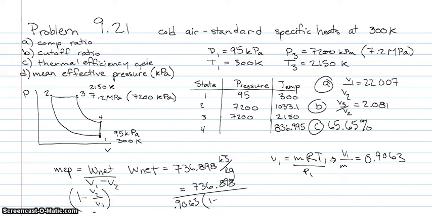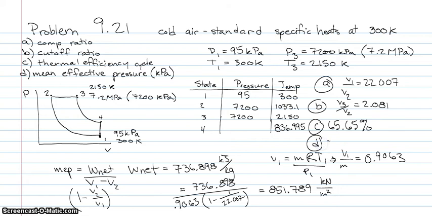So state 1 is giving this to be on the denominator, 300 K. Sorry, I'm sure this is a little messy for you, but when we solve it all out, we're going to get our final solution to be 851.789 kilonewtons per meter squared per kilogram, which is our mean effective pressure.